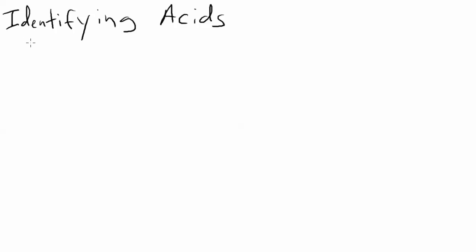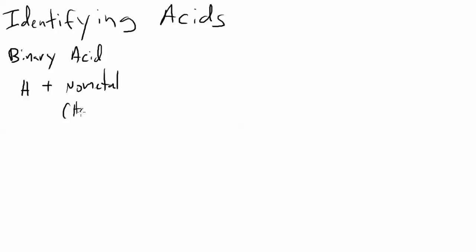We're going to start with the simplest type of acid. They're called binary acids. You don't necessarily need to remember binary acid. As long as you can identify them, you're okay. So binary acid is basically hydrogen with some other non-metal element. It's very often a halogen, which are the elements in group 17.